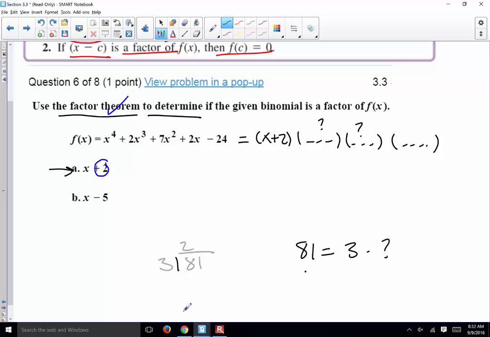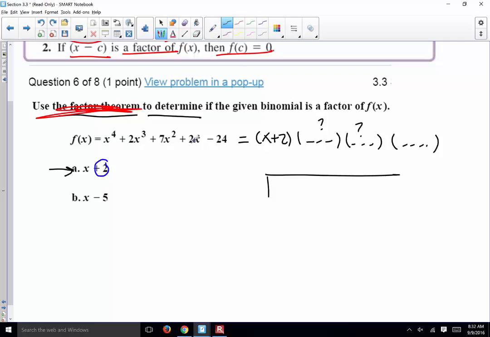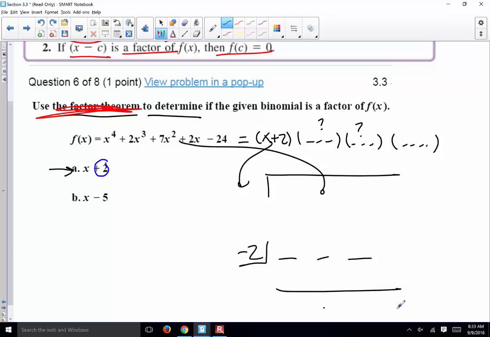So another thing: if you don't see the statement and it just says determine if the given binomial is a factor, you just need to divide them. Put this here, x plus 2 there, and divide them. Or do synthetic division. Synthetic division is minus 2, and then the line. And what do you expect to see?